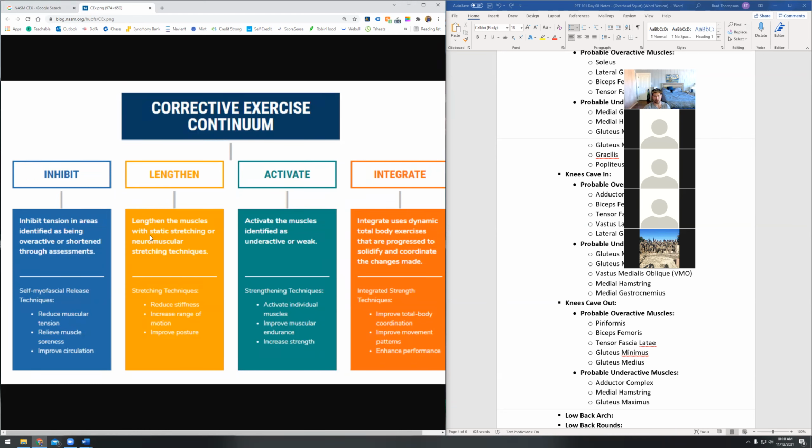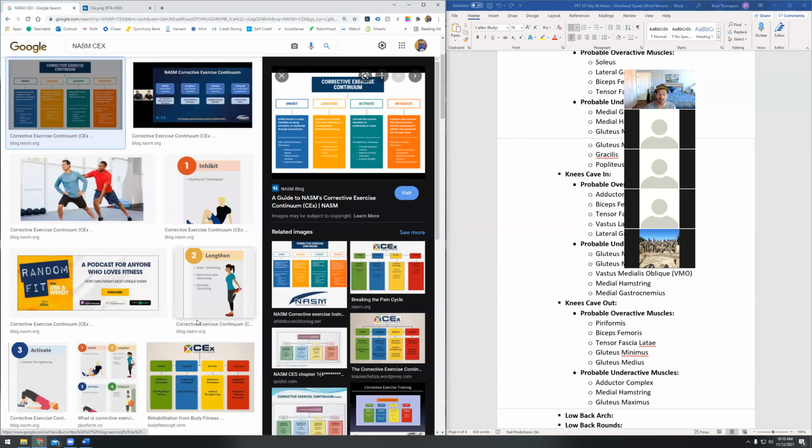We lengthen the muscles through static stretching, or we could also do neuromuscular stretching. That's the PNF technique that you're going to learn in capstone, where you stretch and then you contract and then you stretch further. It kind of shuts down your nervous system. Sort of puts together the autogenic and the reciprocal, similar to the pin and stretch. But that's the lengthening technique.